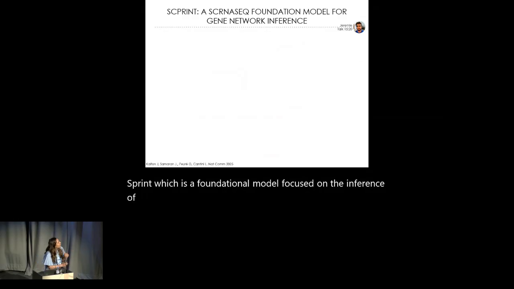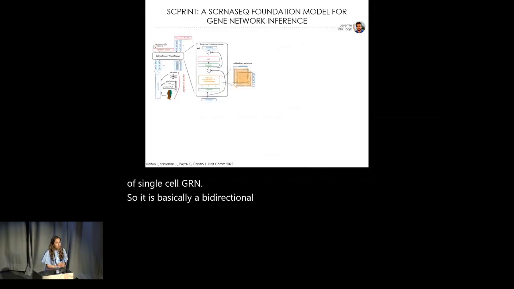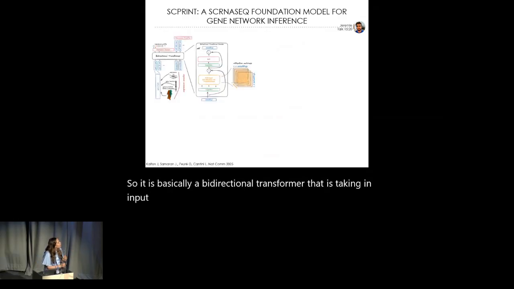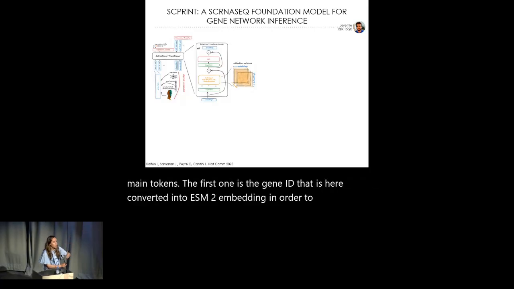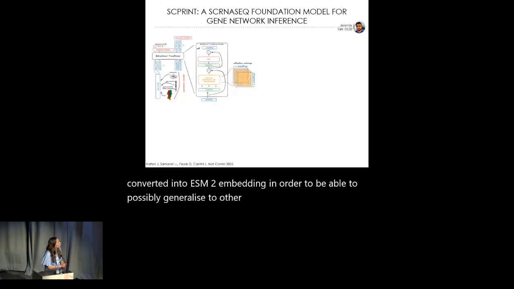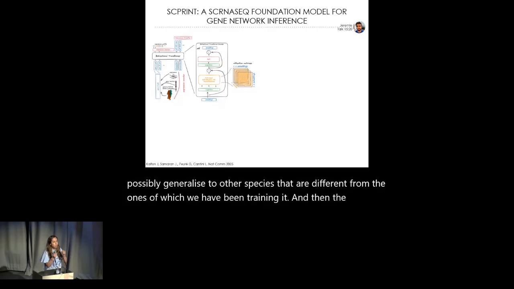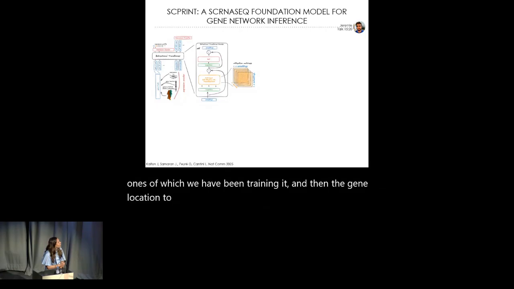So it is basically a bidirectional transformer that takes as input gene expression values, summarizing them into 3 main tokens. The first one is the gene ID, which is here converted into ESM2 embedding in order to possibly generalize to species different from the ones on which we have trained it. And then the gene location, to know whether 2 genes are close to each other in the genome and possibly can co-regulate each other.